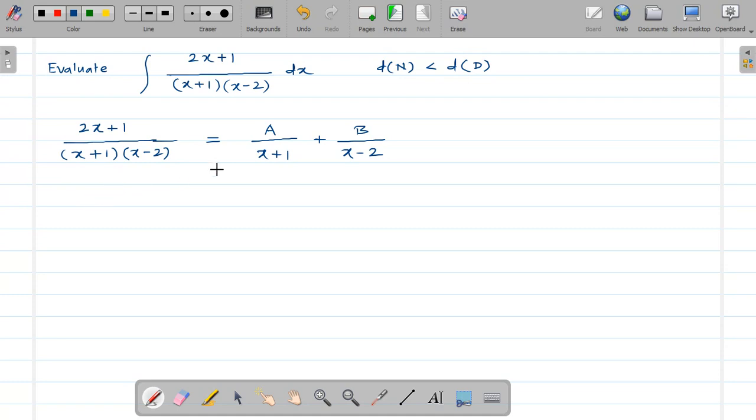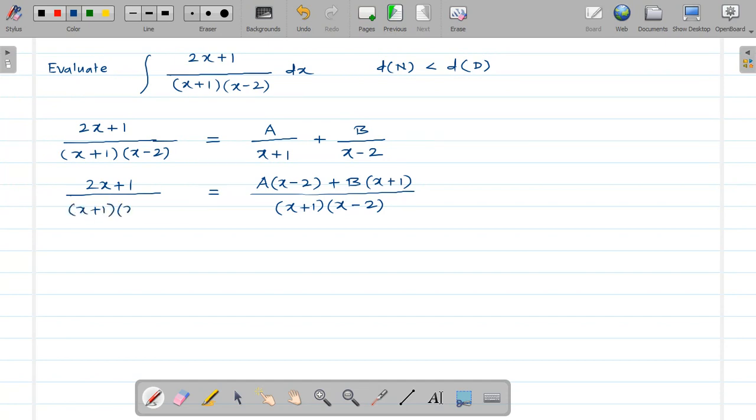So for that, here I will take the cross multiplication. So A into (x minus 2) plus B into (x plus 1) divided by (x plus 1) into (x minus 2), and this one is as it is, (2x plus 1) upon (x plus 1) into (x minus 2).